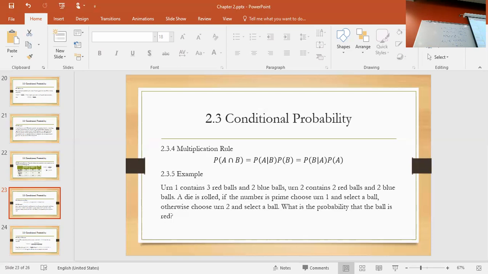So we are going to say here that the probability of a red ball will be probability of U1 and red plus probability of U2 and red, which is 3 over 10. This is with the use of the multiplication rule.